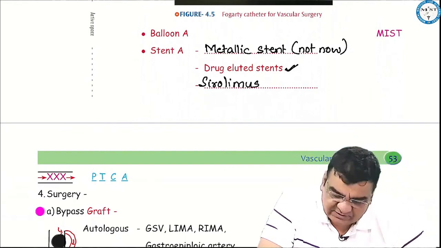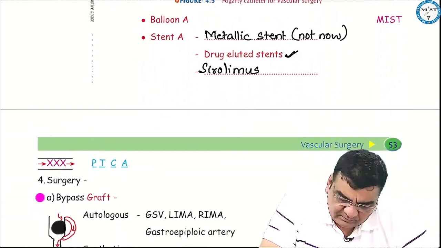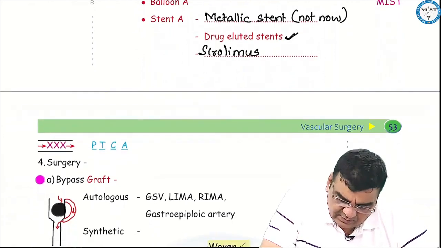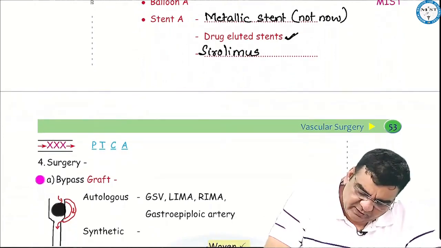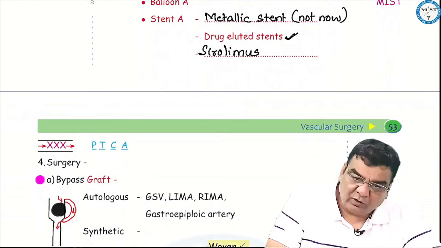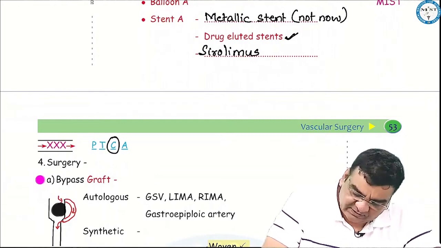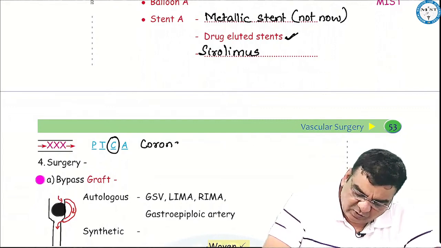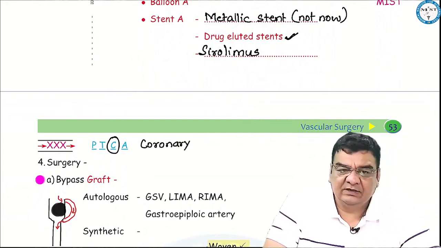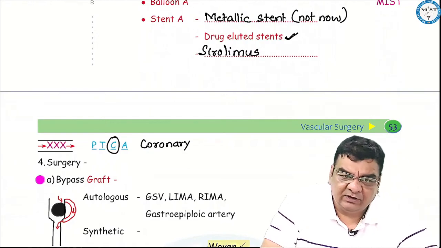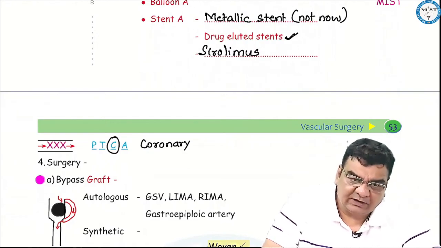Sirolimus coated stents are used. When we are doing this angioplasty for coronary artery, we use the term PTCA, percutaneous transluminal coronary angioplasty.